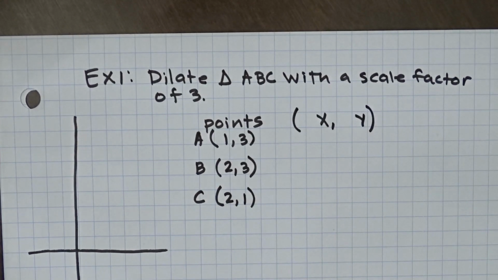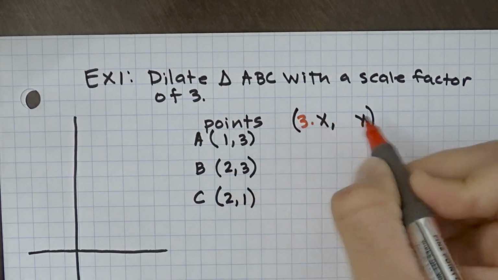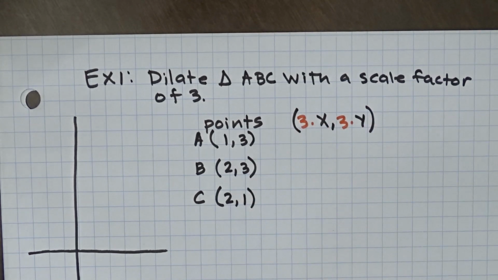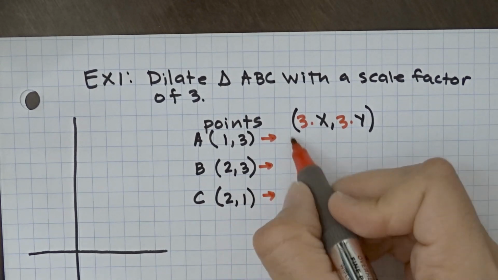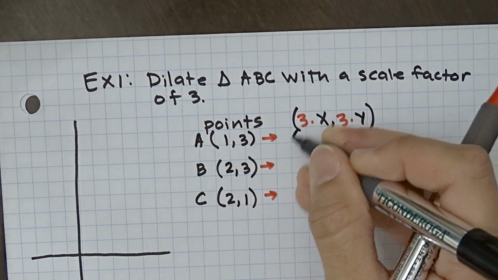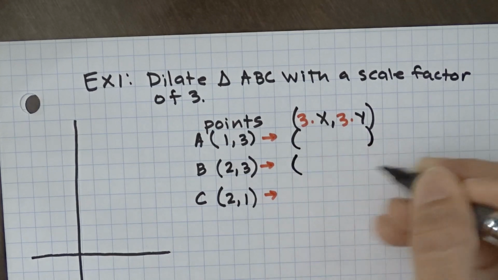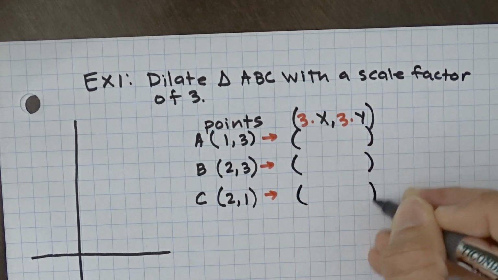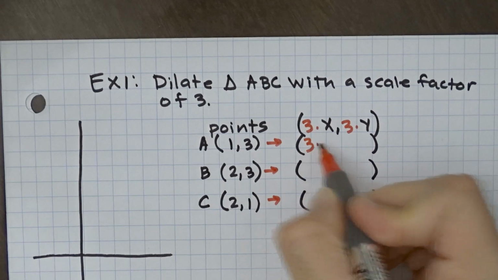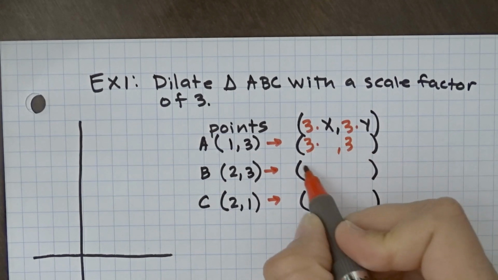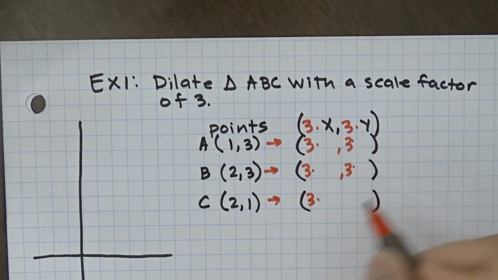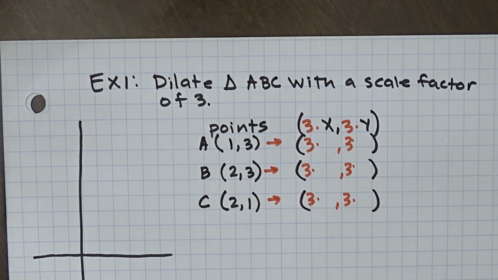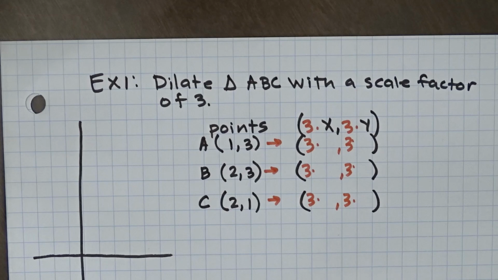That's your original x and y, but you're going to multiply both of them by 3. So if you want to kind of set it up, what are these going to become? It means they're each going to get multiplied by 3, so let's set that up.